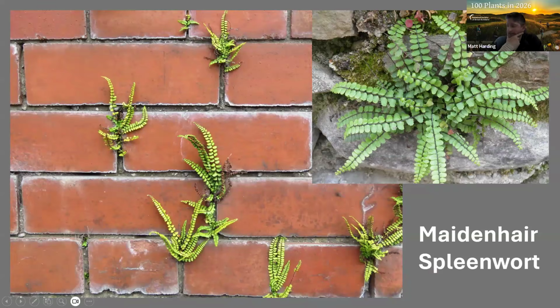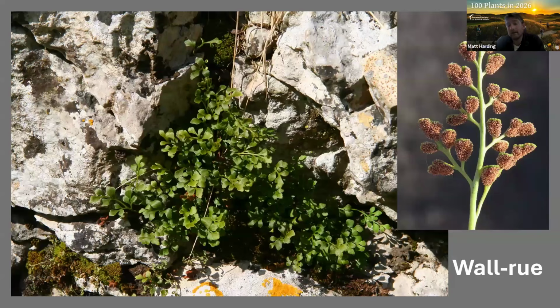Spleenwort gets its name, incidentally, from the doctrine of signatures, which was an old way of thinking that if a plant or a feature looked like something, then it could be used to treat that thing. And the sori, which hold the spores on the underside of the leaf, are shaped like a spleen, hence spleenwort. It was thought it could treat ailments of the spleen.